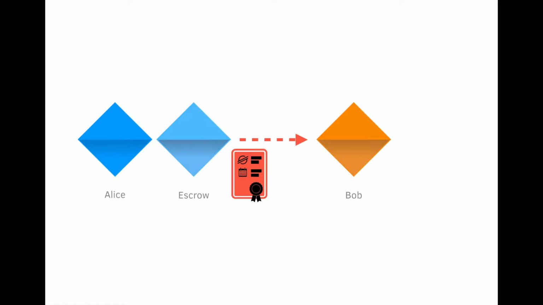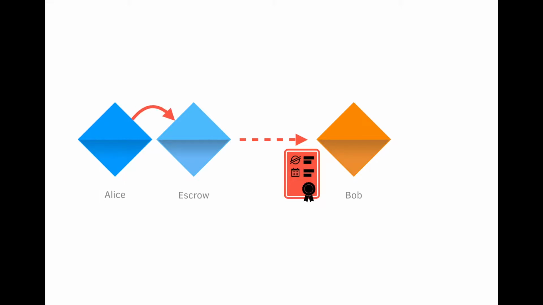This transaction can be saved as a file or in any kind of format. And Alice can send that to Bob and say, okay, Bob, this is the transaction I have for you. It's going to be valid in, say, 3 months. That's yours. That's all it is. The next thing we'll do is make a transaction from Alice's account to its escrow account to put a bit of funds inside the escrow.